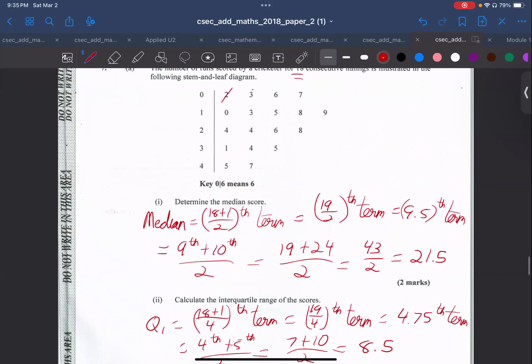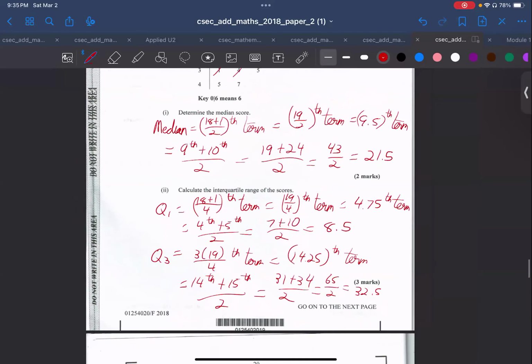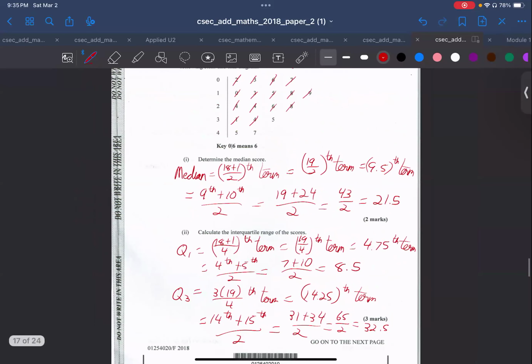So we go 1, 2, 3, 4, 5, 6, 7, 8, 9, 10, 11, 12, 13, 14, 15. 31 plus 34 over 2, which is 65 over 2, which is 32.5. And that's how you find Q1, Q2, Q3.